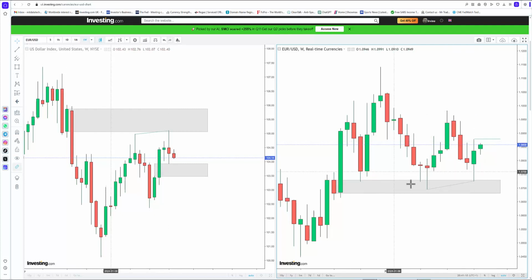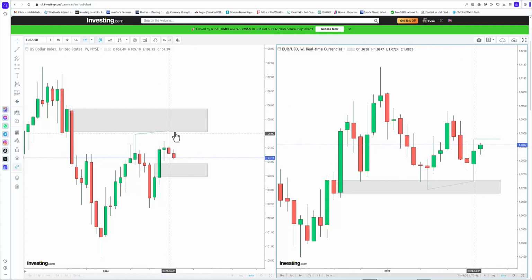You can see on Euro USD we don't have imbalance, we don't have inefficiency, but on dollar we've got inefficiency. Inefficiency on Euro USD was filled last week. This gap here, this gap between this low and that high was filled with last week's candle, right?